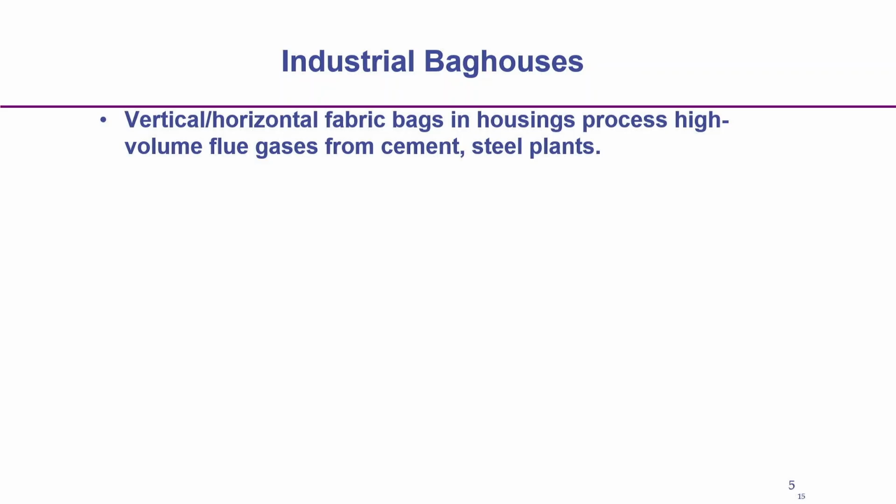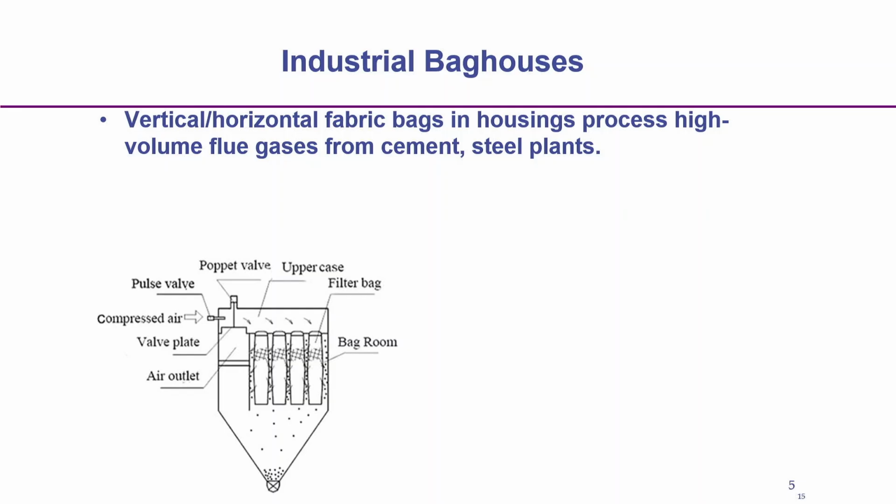Industrial bag house is another application for textile filters. It may be vertical or horizontal. Here the example is given in a vertical orientation, it can also be a horizontal orientation. The fabric bags are there, a large number of bags. If we see the construction of this bag house, as I have already mentioned, its dimension is sometimes more than that of the actual industrial production activity.